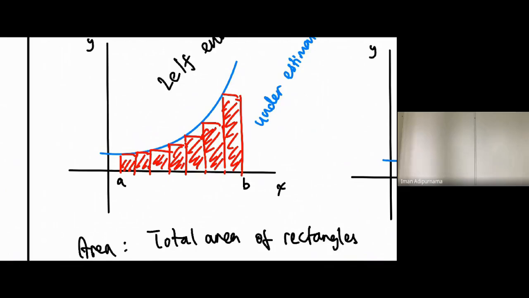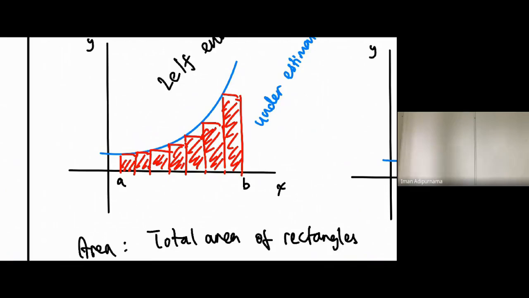Meaning there is a certain amount of hole or gap between the curve and the area approximation. We call that an underestimation.